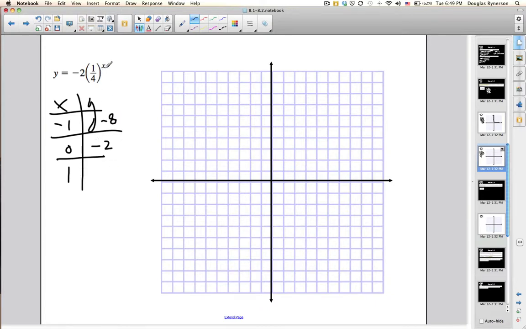And 1/4 to the first power is 1/4, times -2 is -2/4, which is -1/2. When I plot that, you can see that my graph is simply flipped over because of the negative leading coefficient.